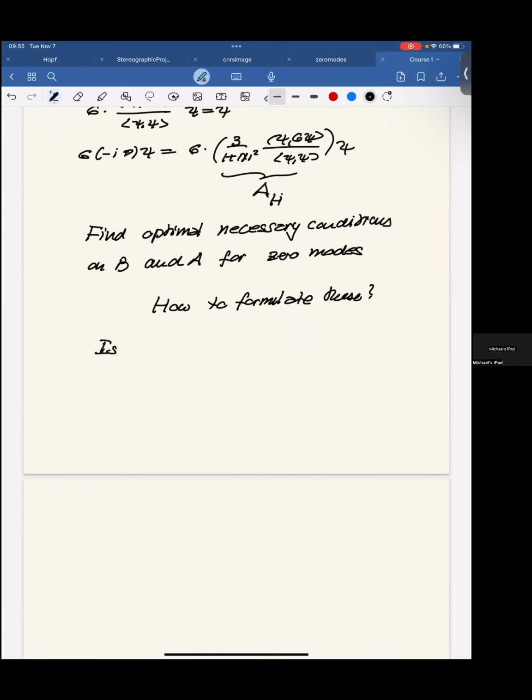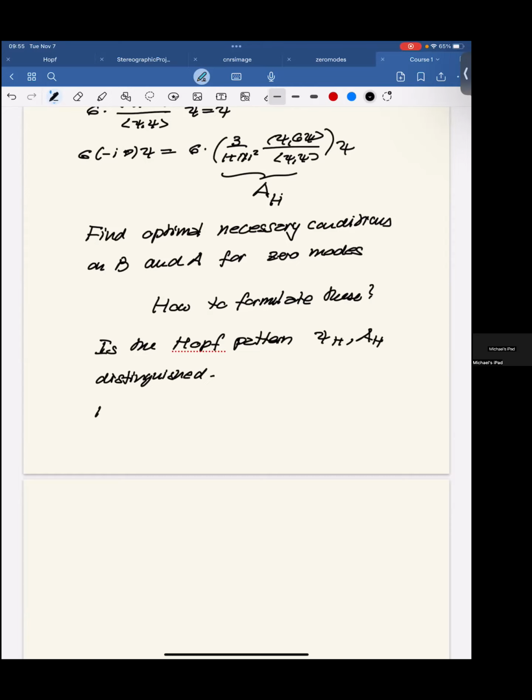Is the Hopf pattern, in other words psi_H and A_H, distinguished? Do they optimize something?